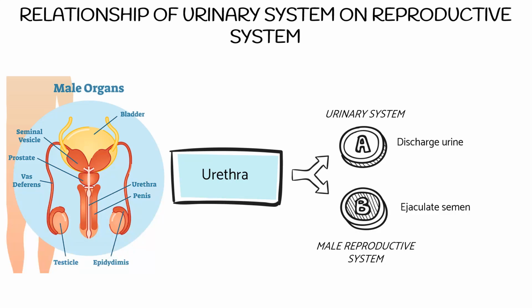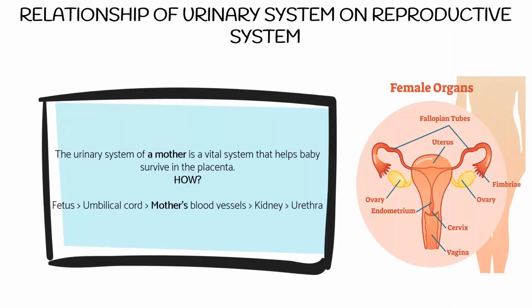The male reproductive system consists of urethra, which is a part of urinary system. In urinary system, the urethra will discharge the urine. But in male reproductive system, the function of urethra is the pathway to ejaculate semen when sexual intercourse occurs and reach orgasm.